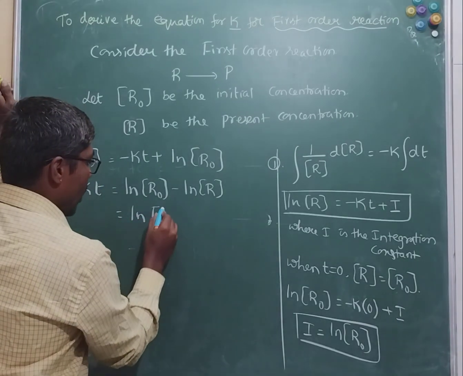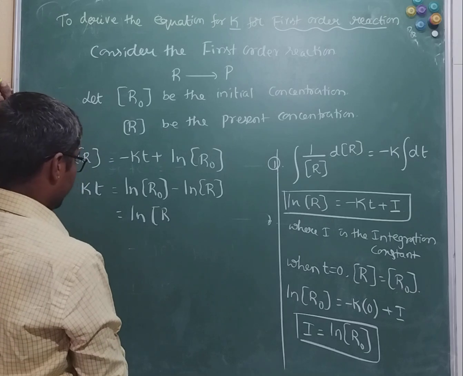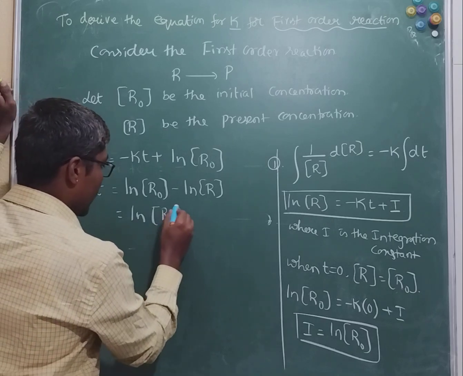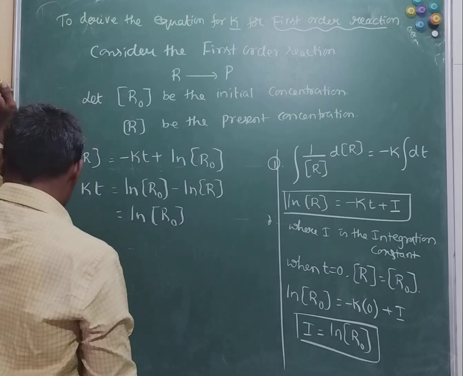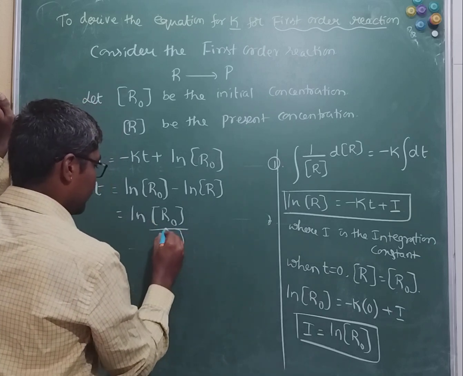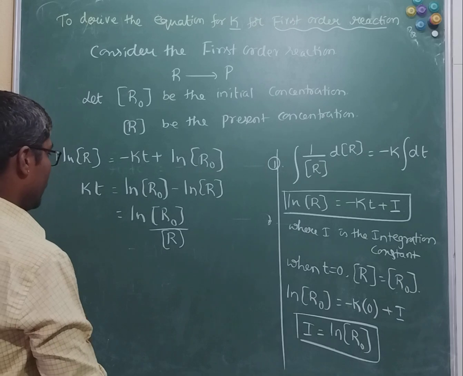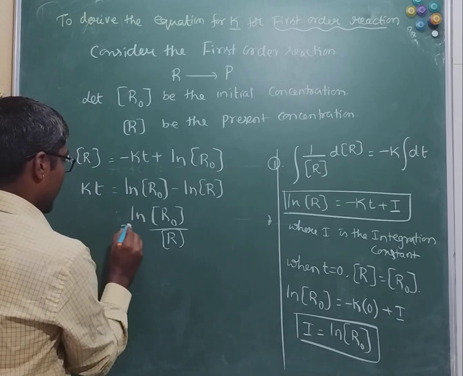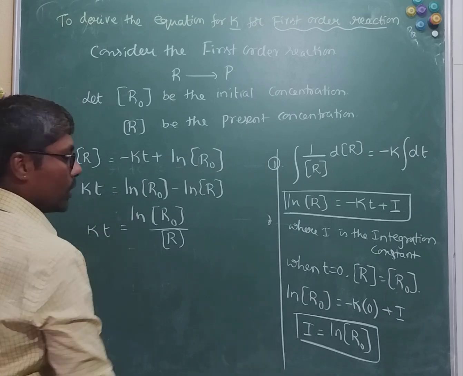Ln of concentration of R naught by concentration of R is equal to K into t.